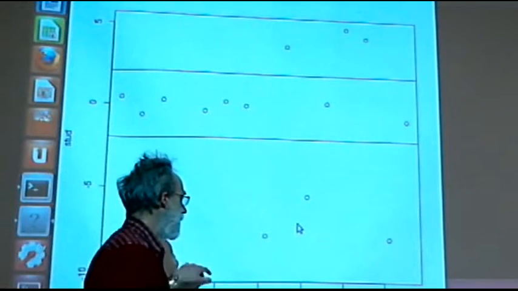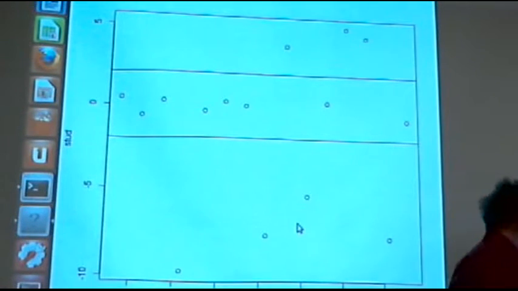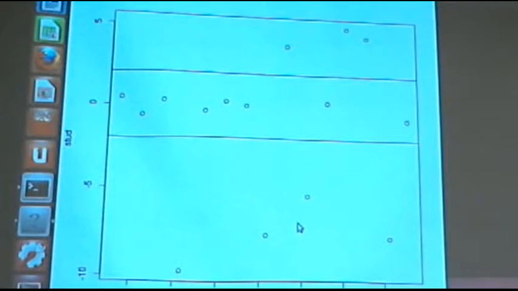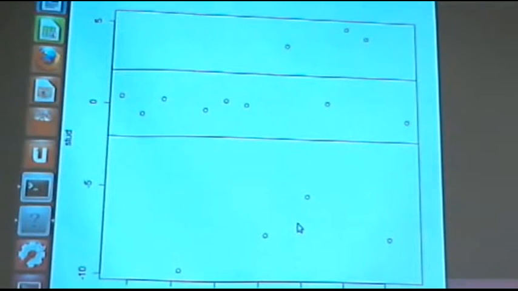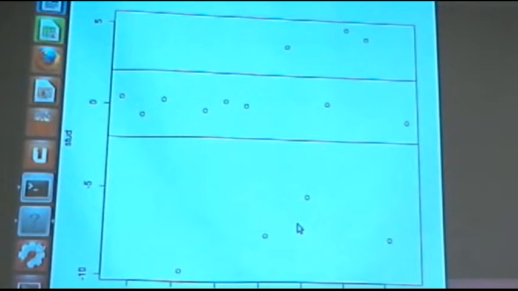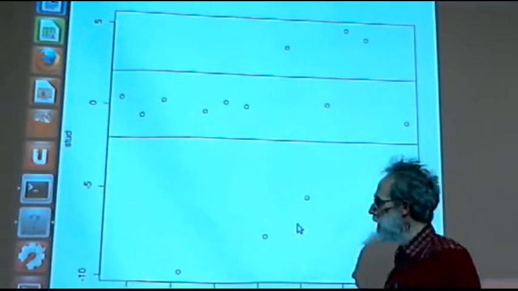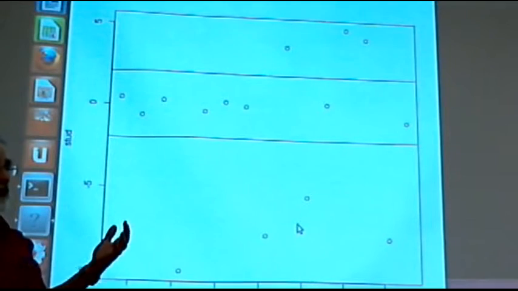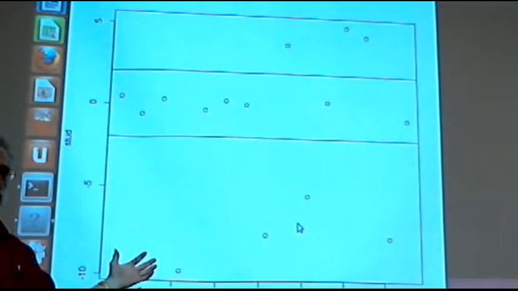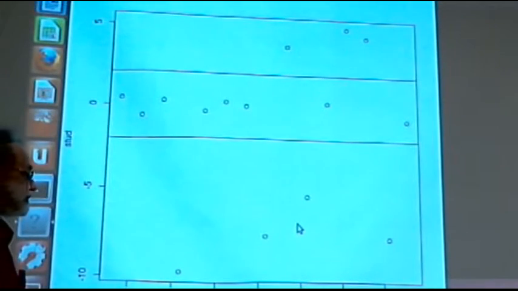Maybe these observations were taken on Friday, and most of the data was taken on Wednesday, Thursday. So maybe you have a day effect. Then you could go ahead and fit that. You have to have some reason for doing it. I have no reason whatsoever with the data we just made.